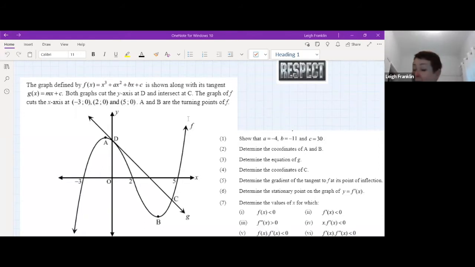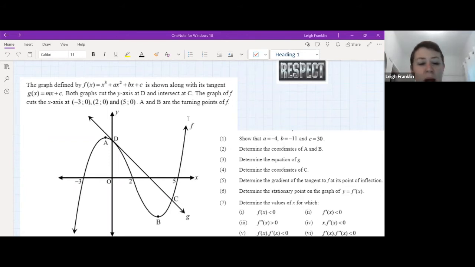In maths, in any section, it doesn't matter whether you're working in geometry, analytical geometry, or functions, when the question says show that, and then they give you the answers, you need to attack the question pretending like you didn't know that those were the answers. That means you cannot take what they've given you and sub it in, because then you're not showing or proving, you're verifying, and that's something completely different.